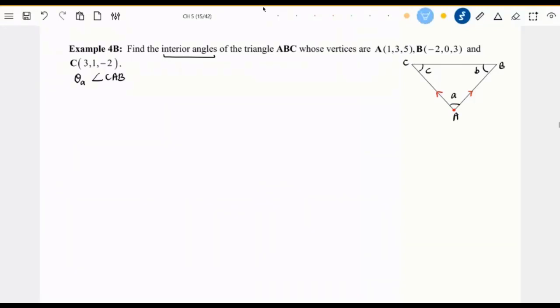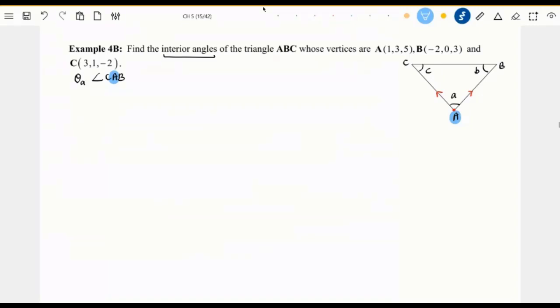Dia tengok pada point di tengah-tengah ni. Sebab A dia keluar daripada A, so dia akan jadi di tengah-tengah. Dia boleh jadi BAC, tak ada masalah, tapi as long as A tu mesti di tengah.